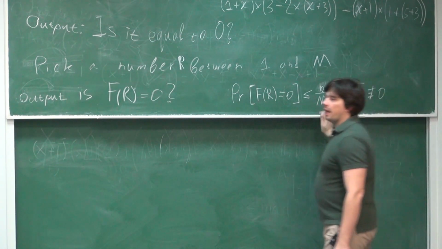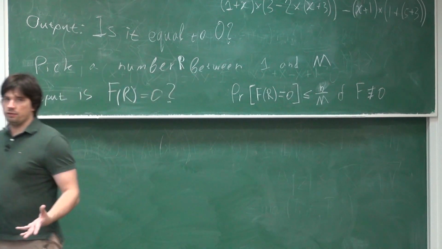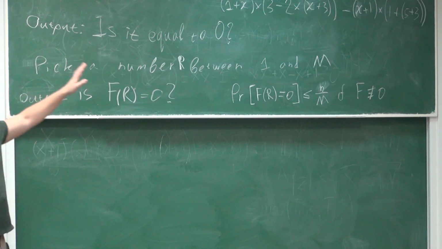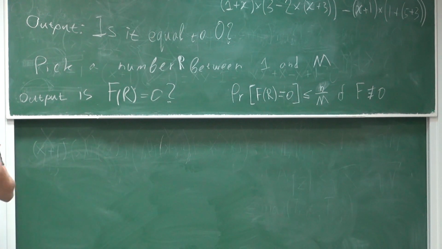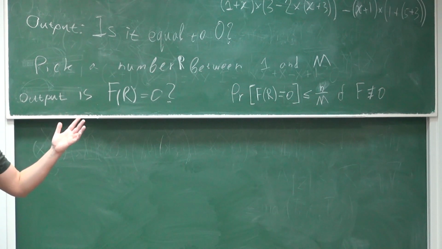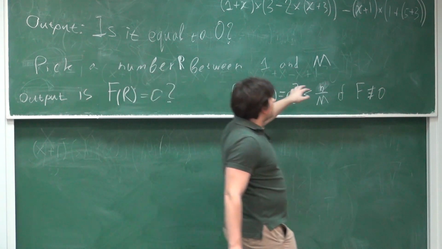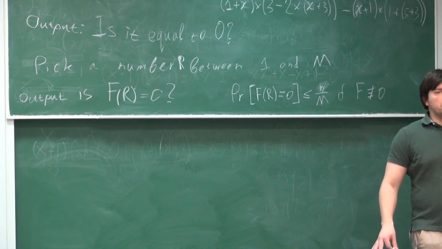So as long as we pick m to be large enough, let's say, we can pick m to be like 100 times n, and then we will be wrong at most 1% of the time. Or we can pick it 1 million times n, and then we will be wrong 1 in a million times, which is, you know, the larger you pick m, the more expensive your arithmetic calculations become.